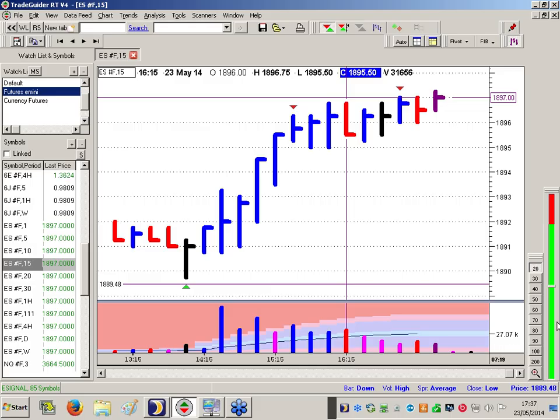Let's look at the parameters if we can. Down here, look. Here we are, it's a down bar. So volume is high, spread is average, close low. That's not too much information, but when we look at it, we can see it is a red down bar. Next bar's up, look.